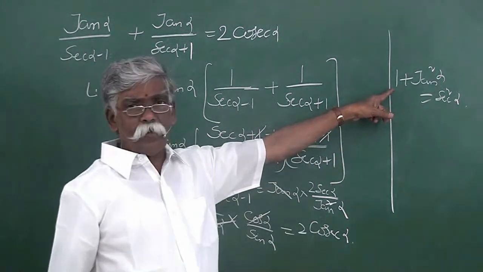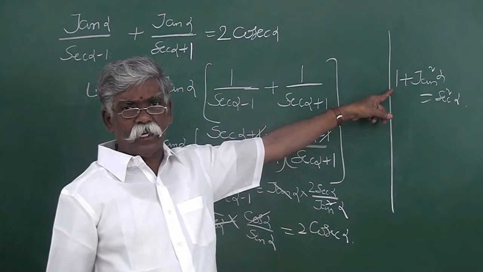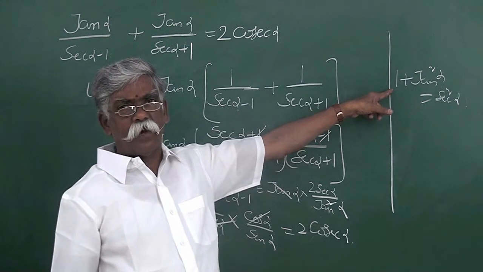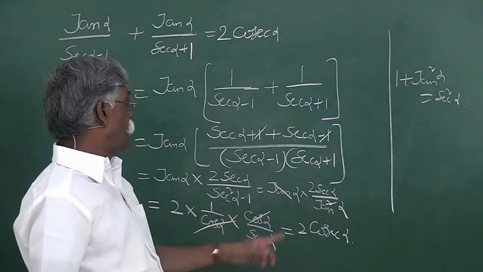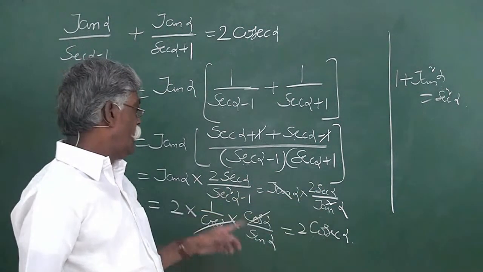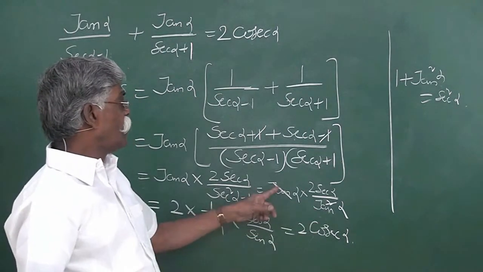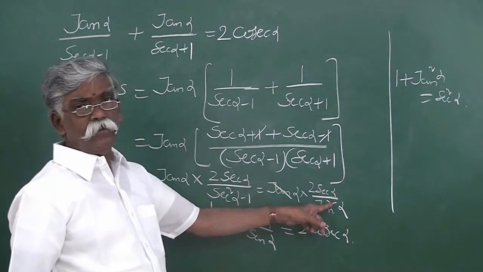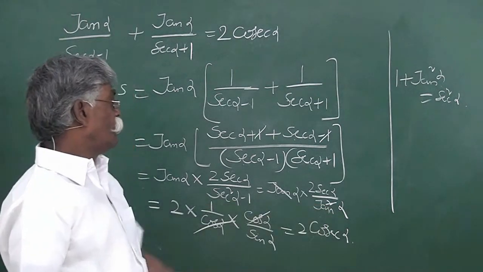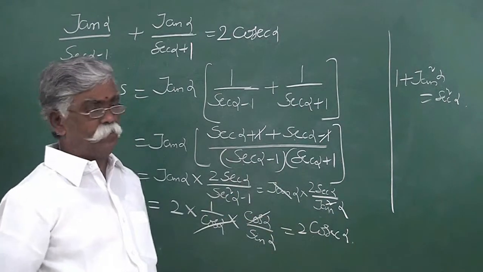But here 1 plus tan square alpha is secant square alpha. Therefore, tan square alpha is secant square alpha minus 1. Therefore, this is tan alpha. This is 2 secant alpha. And this can be written as tan square alpha. Now this tan alpha gets cancelled with this square. So we are left with 2 secant alpha by tan alpha.